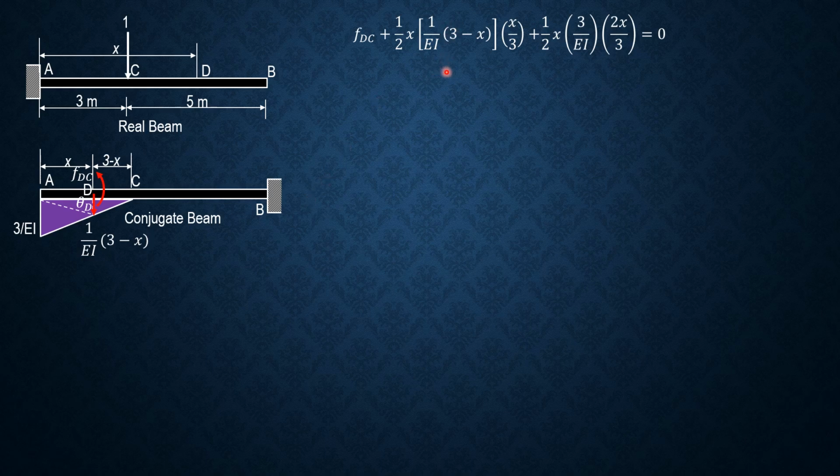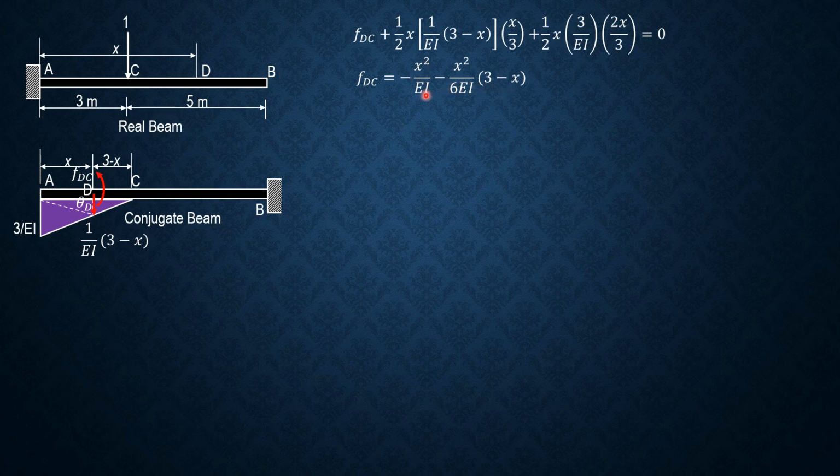Simplifying, this is x squared over 6EI times 3 minus x, so negative x squared over EI, this one, cancel 3, cancel 2, so negative x squared over EI, and this one is negative x squared over 6EI times 3 minus x.